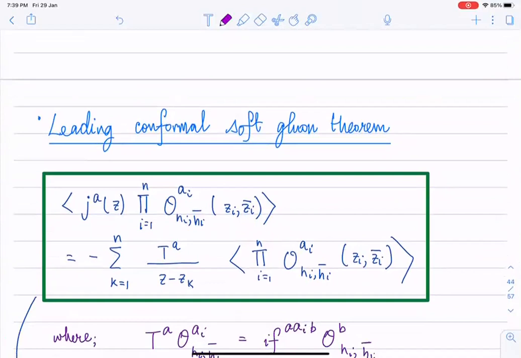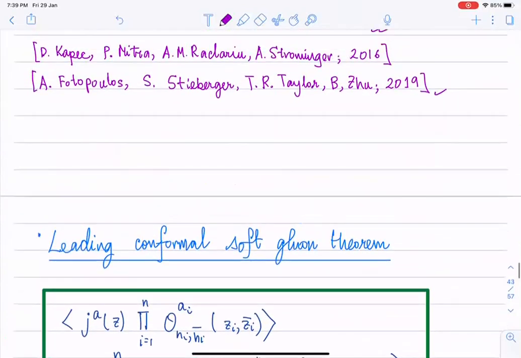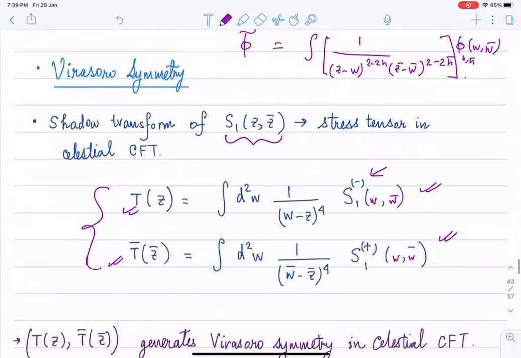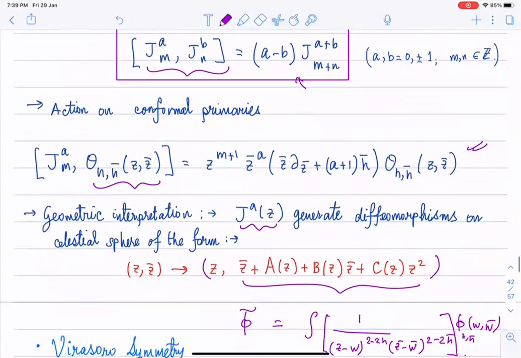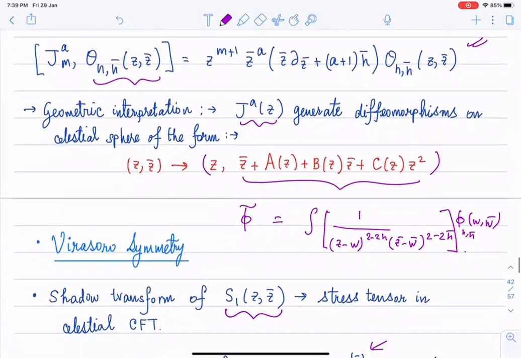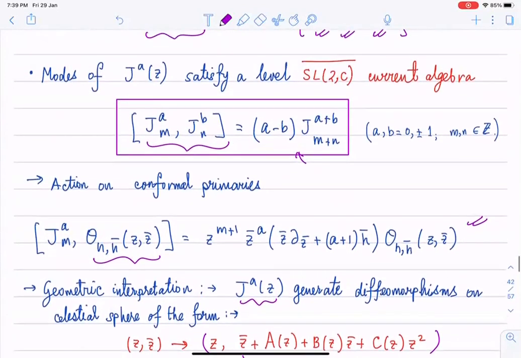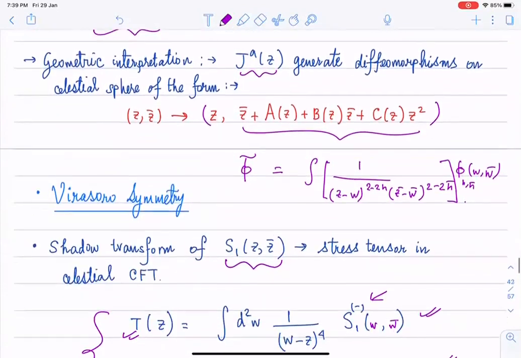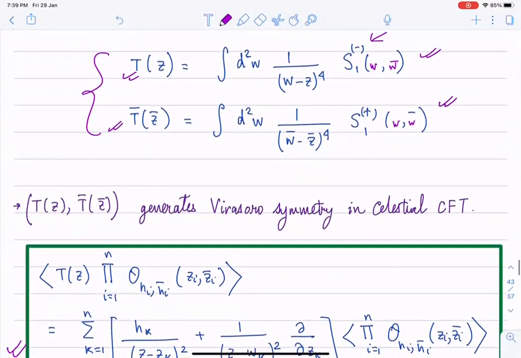So as of yet, I have been talking about various sorts of Ward identities and associated symmetries, which you can derive by taking the soft graviton limit.